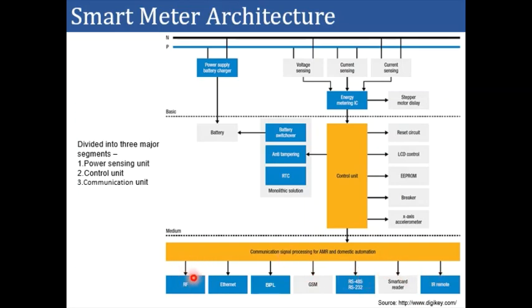It can be on RF or maybe on Ethernet, broadband over power line, or maybe GSM, or maybe directly the RS-485 or RS-232 cable, or maybe you have smart card reader or the various IR modes of data communication. So the communication layer will send the data to the remote server through any of the communication channels available for data communication.